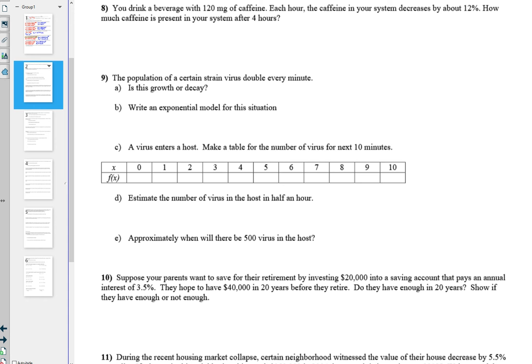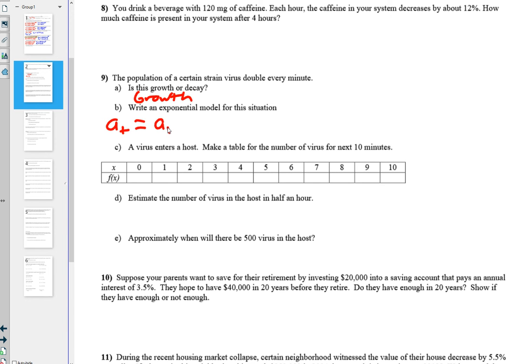A population of a certain strain of virus doubles every minute. Is that a growth or decay when something is doubling? That's a growth. Write an exponential model for the situation. So the amount after some time is equal to the first amount, so I'll just put a sub 1.